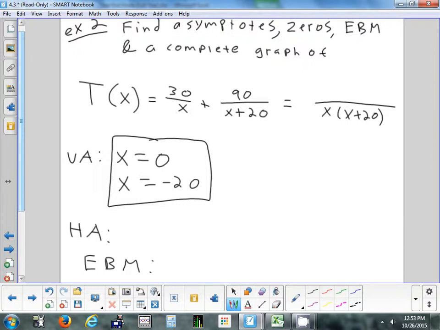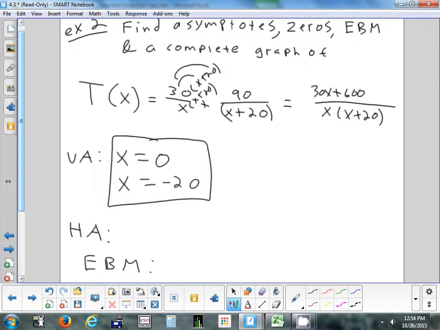Yeah, multiply by x plus 20 over x plus 20. Okay. And now that's going to give me 30x plus 600. Okay, and the other one, Shannon, what would I multiply top and bottom by here to make the common denominator of x plus 20?